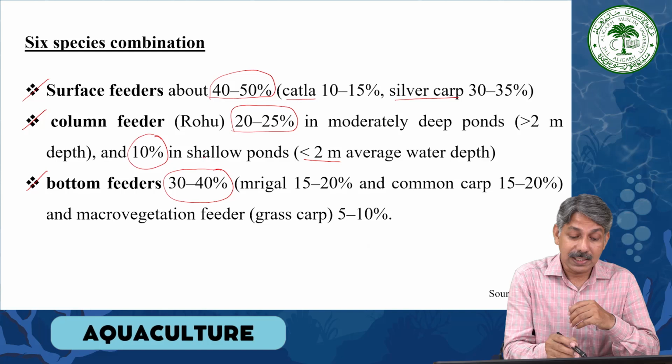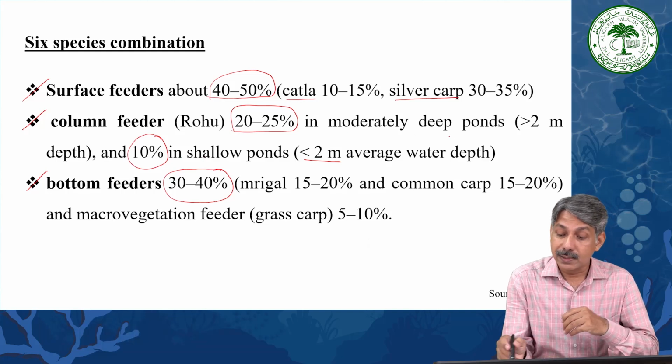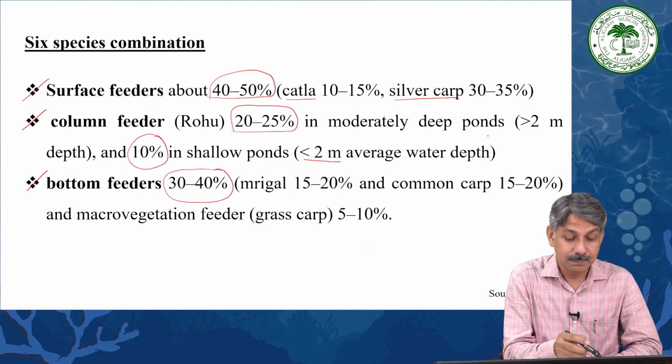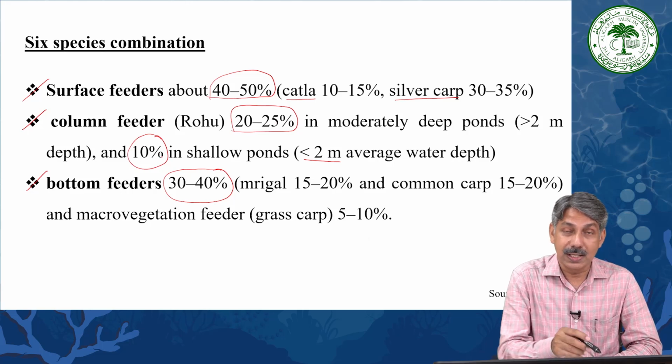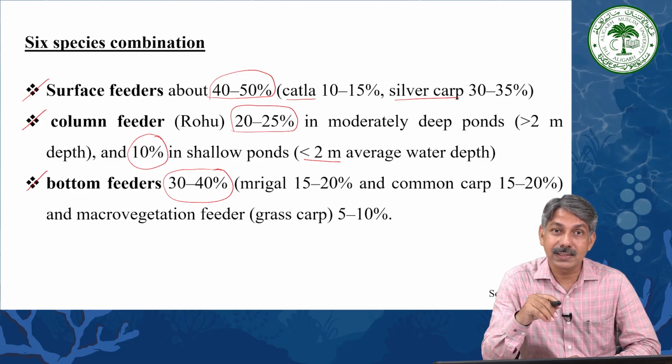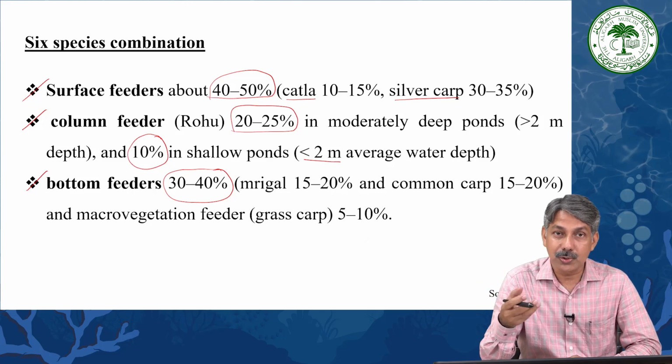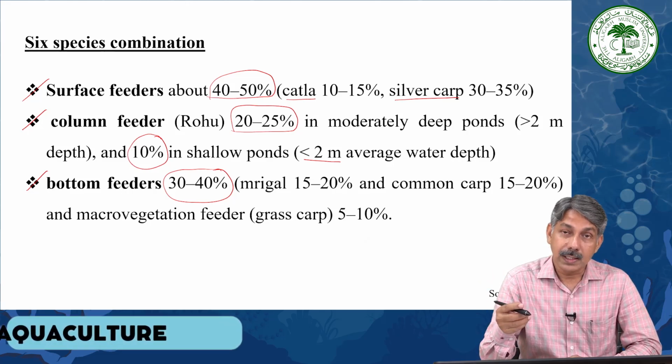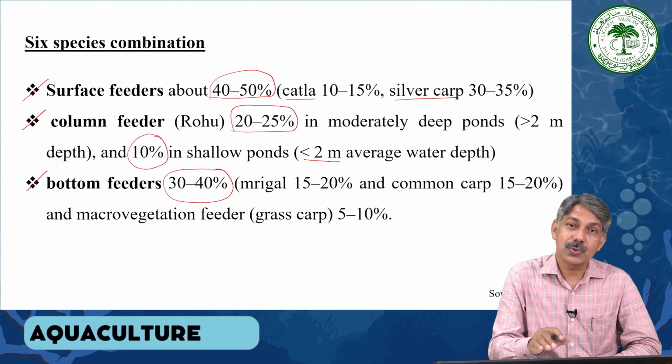Now, I was telling you to explain why in moderately deep ponds rohu is 20 to 25% column feeder, and in shallow ponds 10%. We give more emphasis to surface feeders, because when feed is broadcasted, surface feeders utilize it very well. So they show very good growth rate. Then feed sinks down and goes to the bottom.